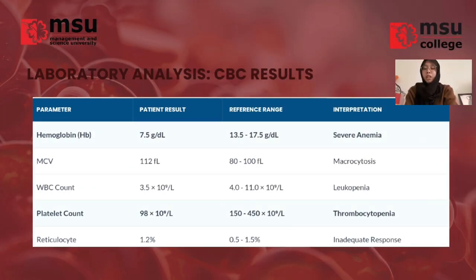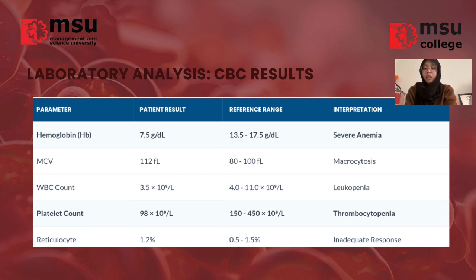To confirm our suspicions, a complete blood count was performed. Here are Mr. Amir's key CBC parameters. Hemoglobin is critically low at 7.5 g/dL, confirming severe anemia. MCV is elevated at 112, which points directly to macrocytosis, the enlarged red blood cells.